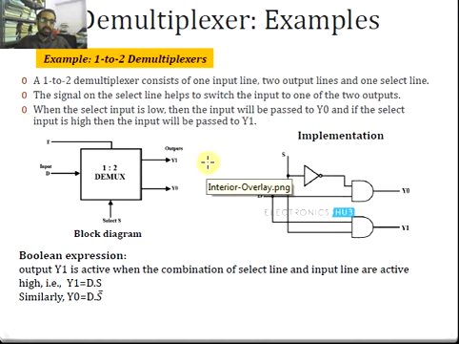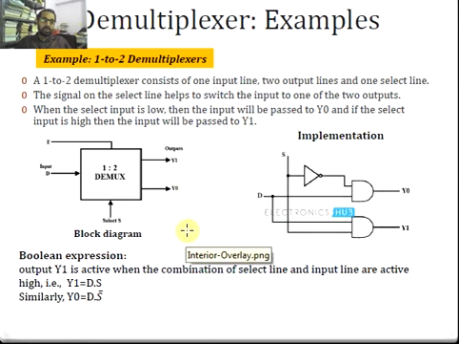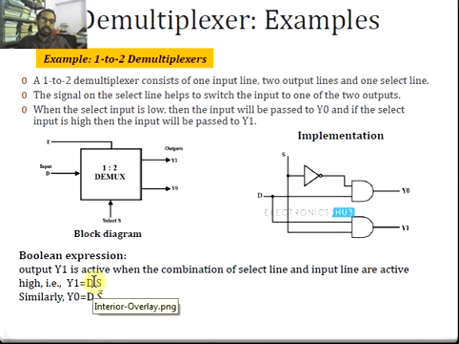That is the operation, and in order to have that, we can have very simple boolean expressions. There are two outputs. So y1 is represented as d dot s. That means when s is high, y1 should be equal to d. The input line, that is d, will be transmitted to y1.